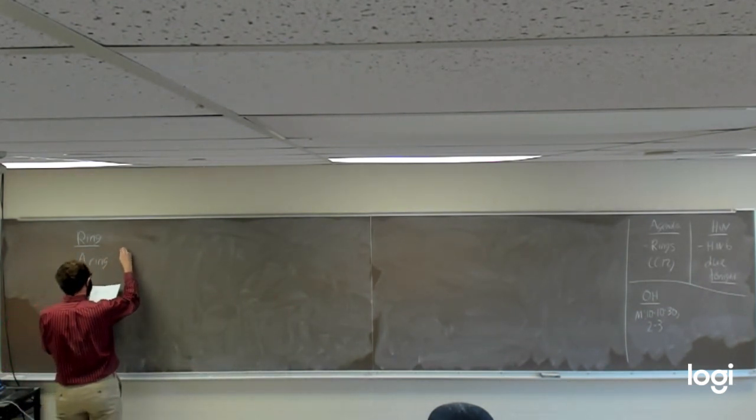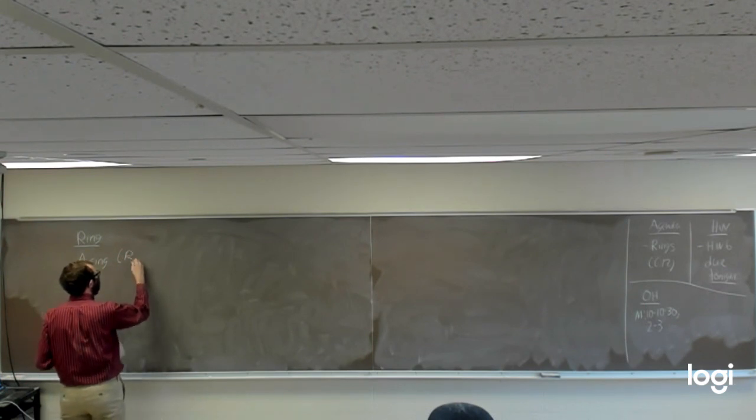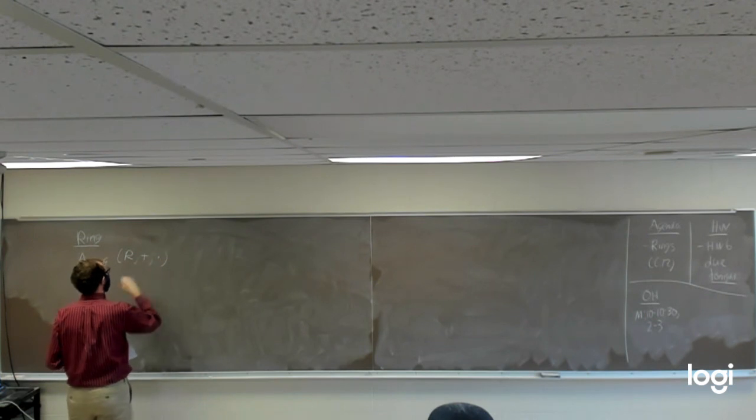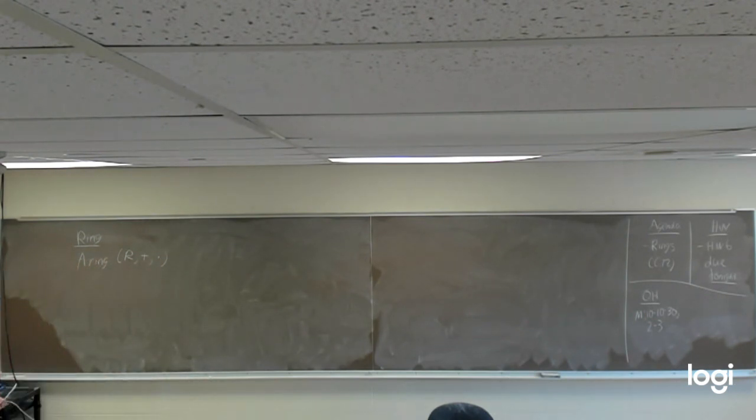So let's write this out. A ring, which we're going to denote by R, and the two operations, I'm going to refer to one with a plus sign, one with a times sign, and we're going to call them addition and multiplication. But as you'll see, addition and multiplication might not be the way you're used to thinking about them just in terms of real numbers.